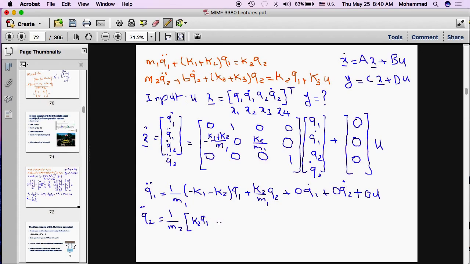And what is multiplied by Q1 dot, guys, in the second equation? What is the coefficient of Q1 dot? I'm talking about this second differential equation. In this second differential equation, what is multiplied by Q1 dot? There is no Q1 dot, so it's as if it's 0 multiplied by Q1 dot. So what is multiplied by Q2?